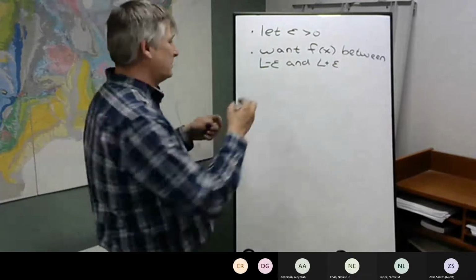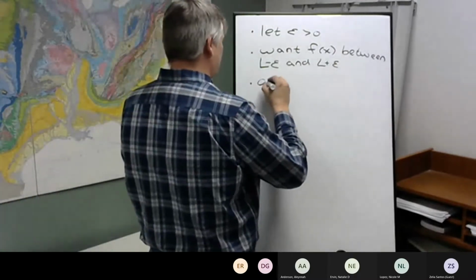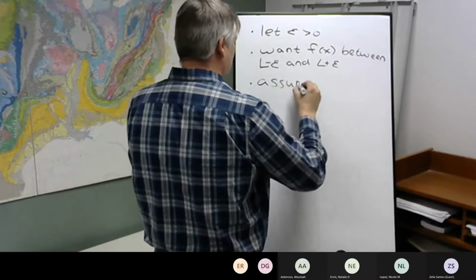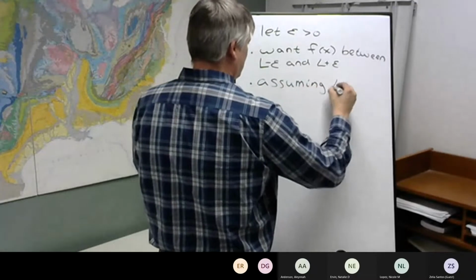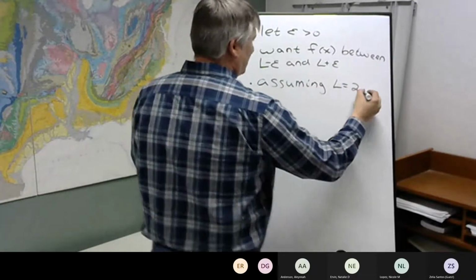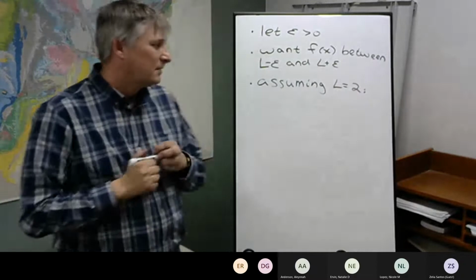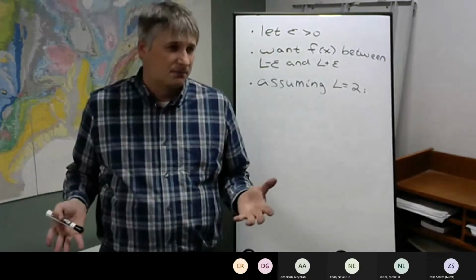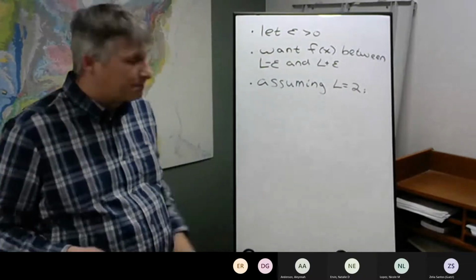So we're assuming that L is equal to 2. We're going to see what this assumption does. So let's find out what's going to happen here.